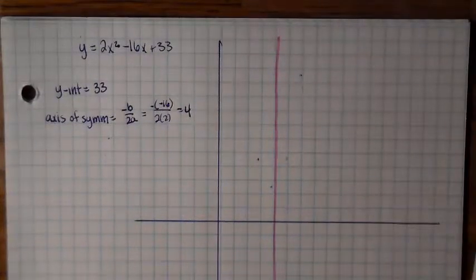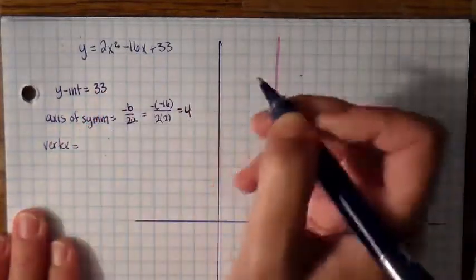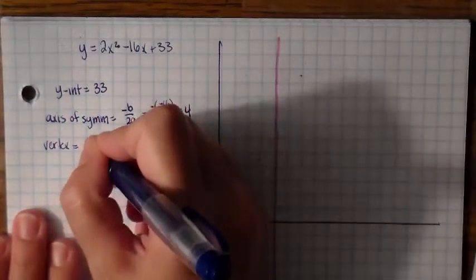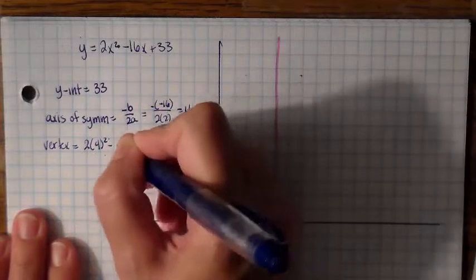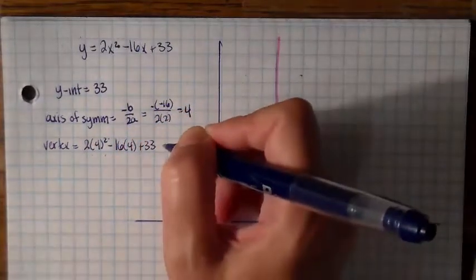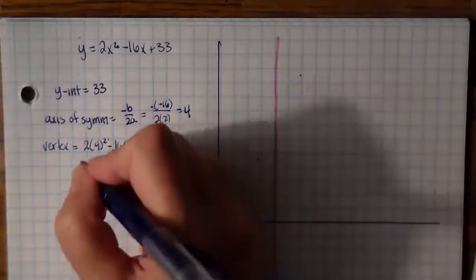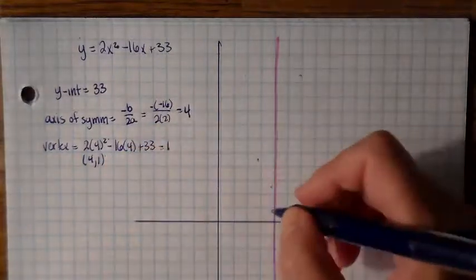That's right here. And then to find my vertex, I'm going to plug in x, which is 4, and I get 2 times 4 squared minus 16 times 4 plus 33, and that's going to give me a 1. So my vertex is 4, 1.